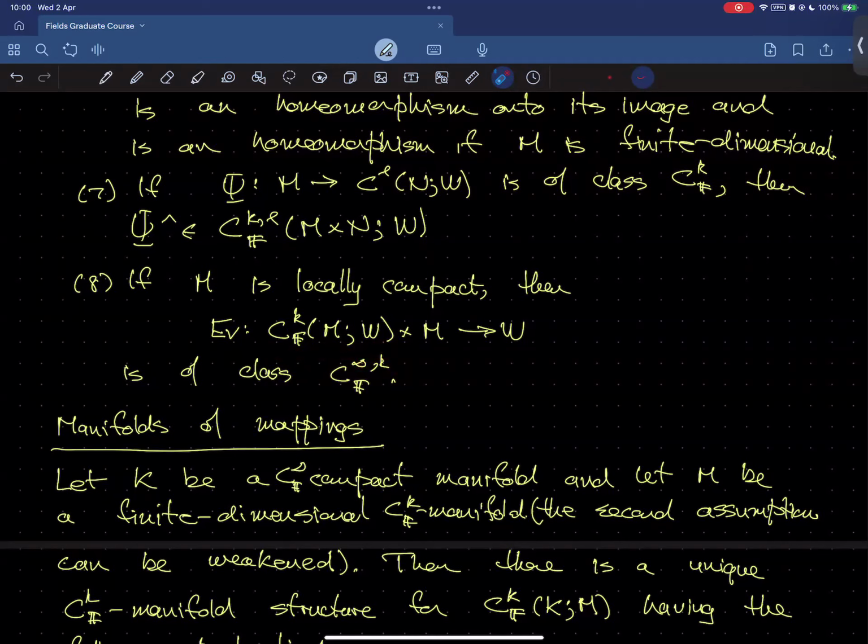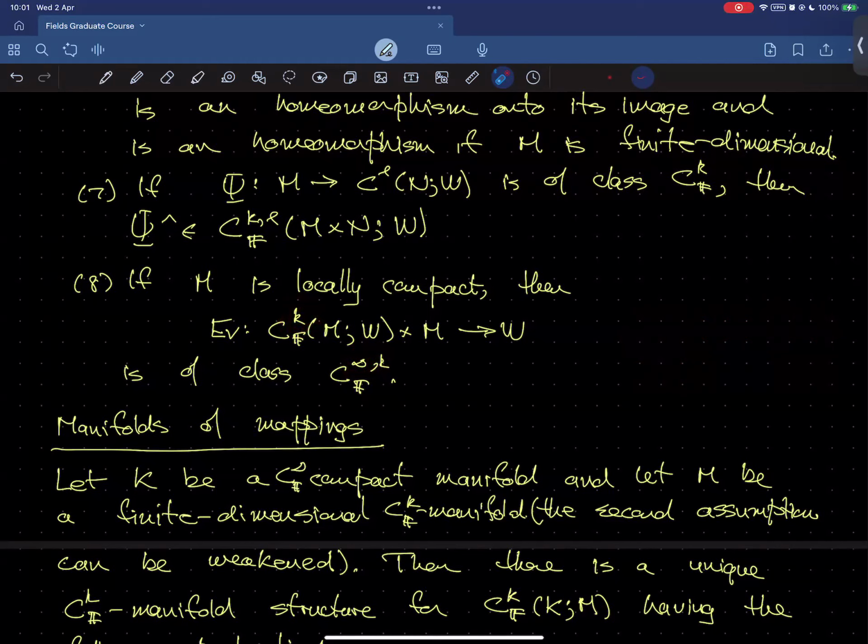The reason it's C infinity in the first argument is that this mapping, the evaluation mapping, is linear in phi. So we know it's continuous linear in phi, and continuous linear mappings are automatically C infinity. So, roughly speaking, that's why this thing is C infinity, regardless of what the regularity is here.